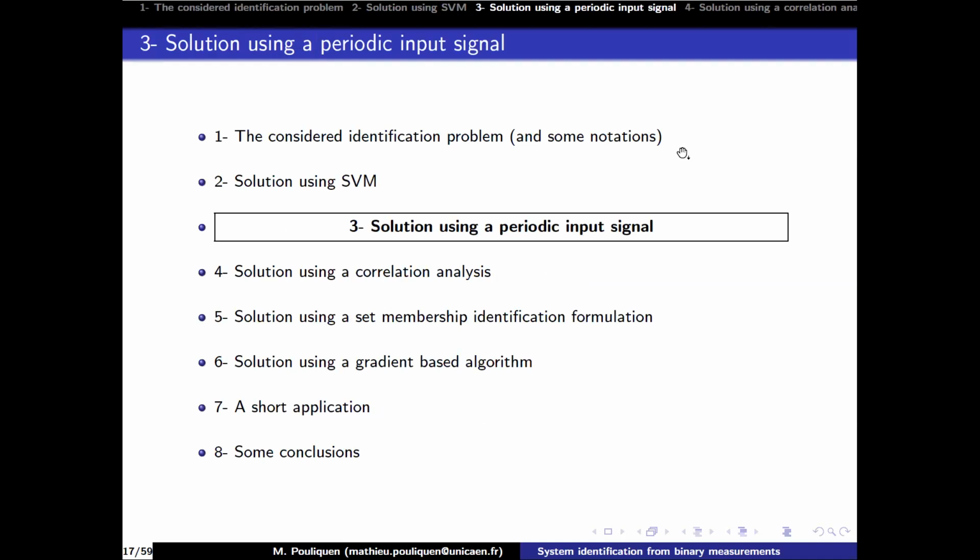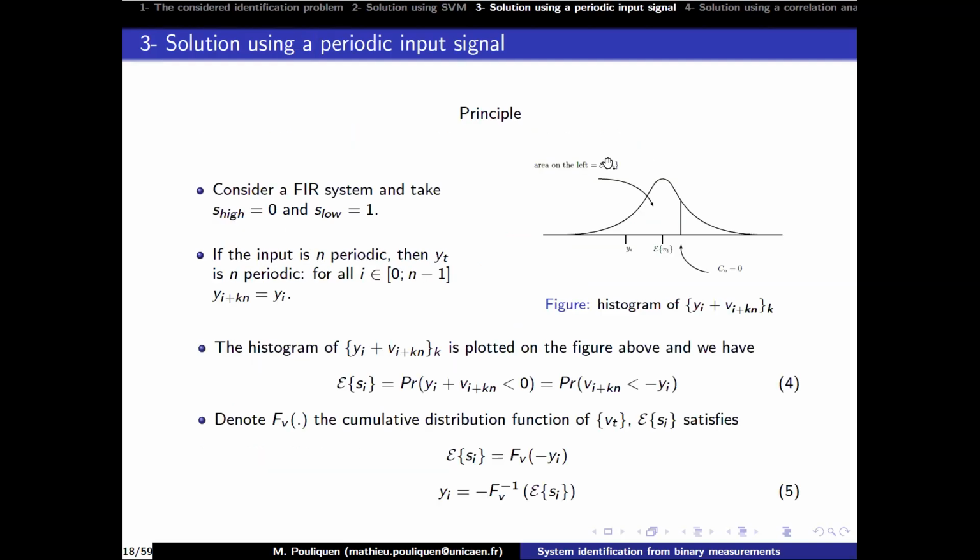The second solution, independent from the previous one, is a solution using a specific input. The principle of this solution: here we choose the binary sensor with threshold equal to 0 and S low equal to 1. And in this solution, the input is periodic.